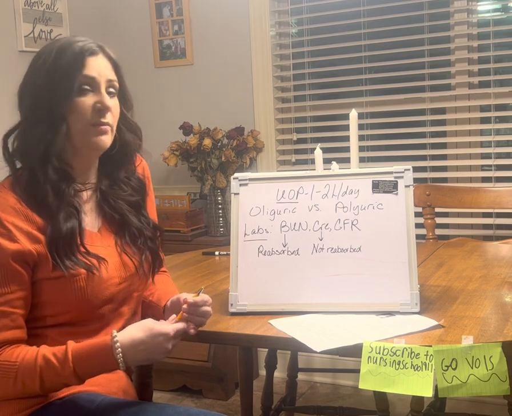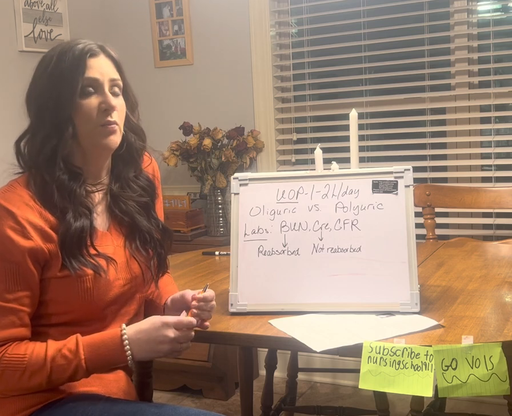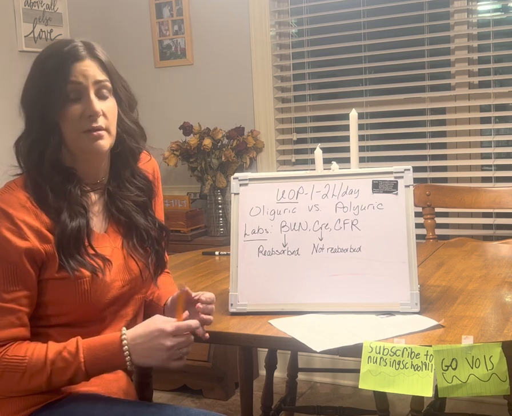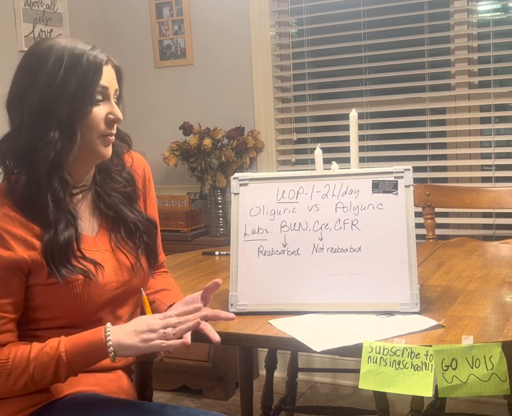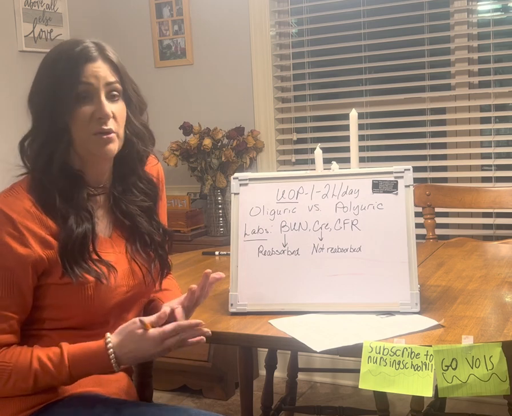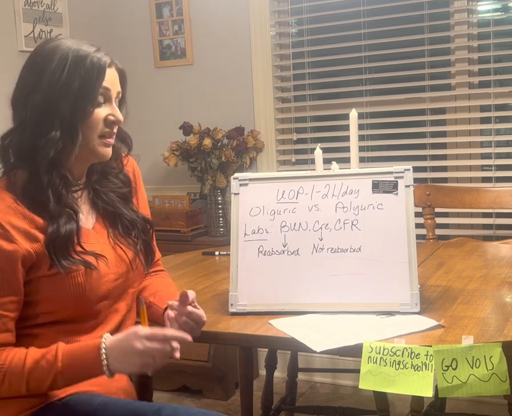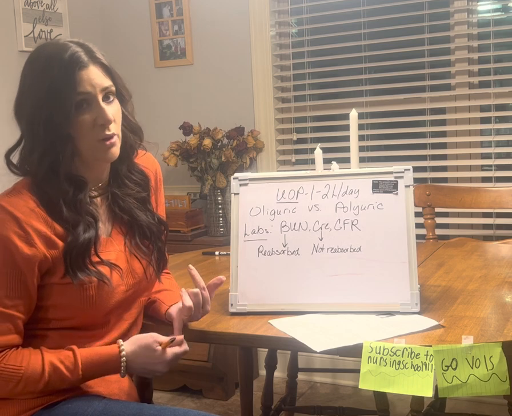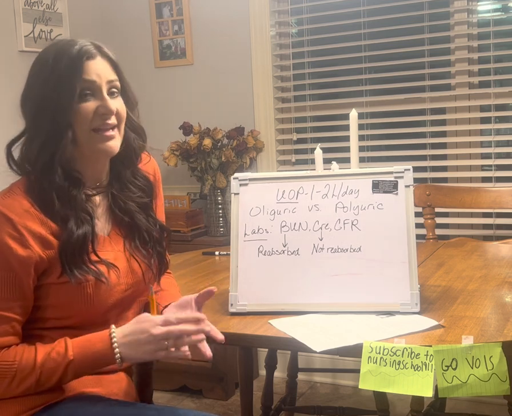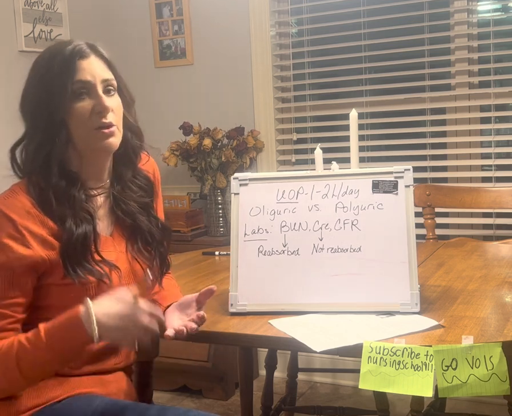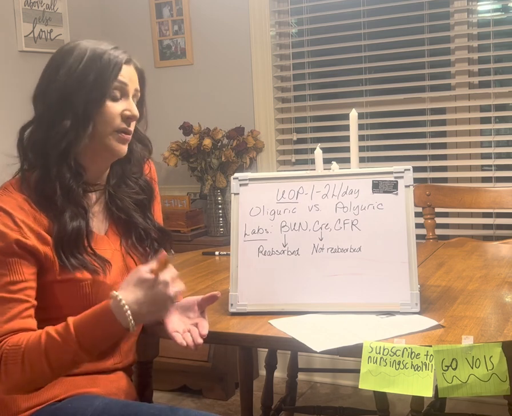You're going to implement safety precautions because of the possible confusion, the possible mental status changes. Obviously, I's and O's are going to be extremely important. Daily weights, because we're monitoring for weight gain and more fluid retention.